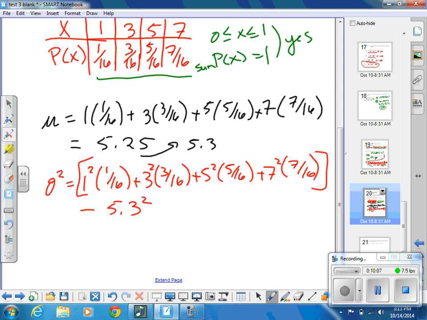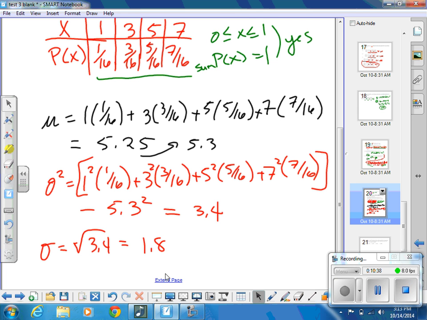Now, this in my calculator ended up giving me 3.4. It actually gave me a longer decimal, but I rounded it to 3.4, okay? That gave me my sigma squared. Now, to figure out my sigma, I take the square root of 3.4, and I end up with 1.8 after rounding. That's how you figure out your mean, variance, and standard deviation for this problem.